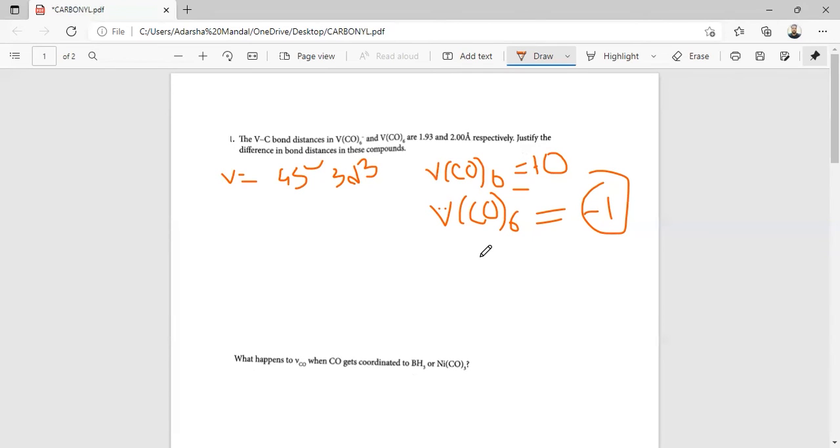That means this vanadium carbon bond has more pi bond character. As the bond order is increased, the bond length of the V(CO)6 minus is shorter compared to the V(CO)6.